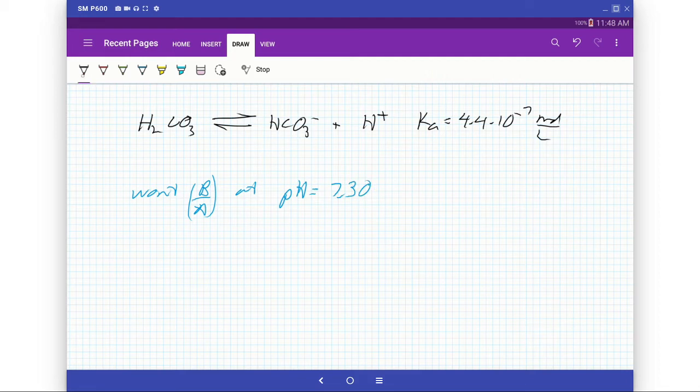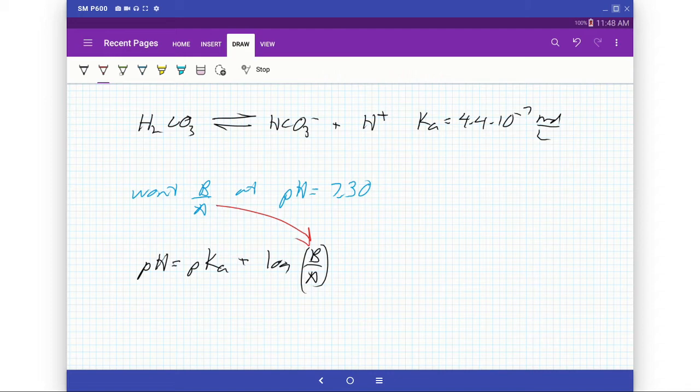We have the Henderson-Hasselbalch equation. And this is what we want, that value right there.